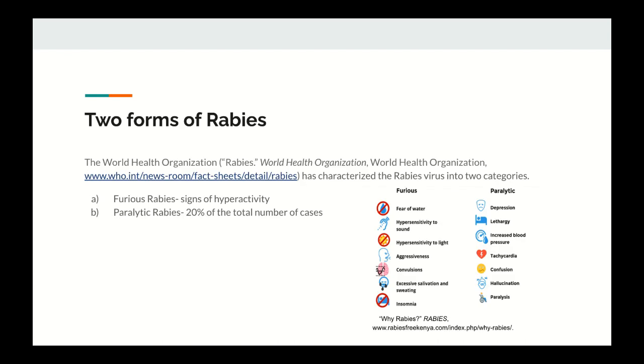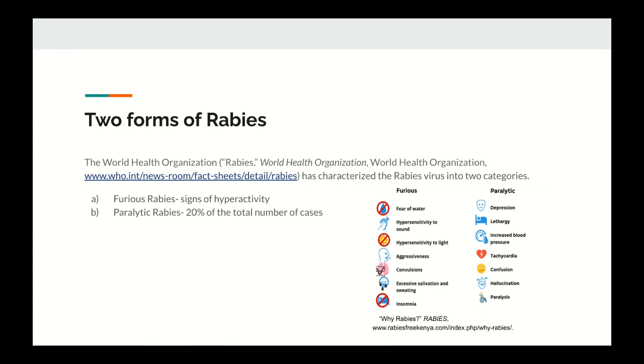We have 2 forms of rabies, according to the World Health Organization. You have furious rabies, and this accounts for 80% of the cases. It results in signs of hyperactivity, hydrophobia, and excitable behavior.